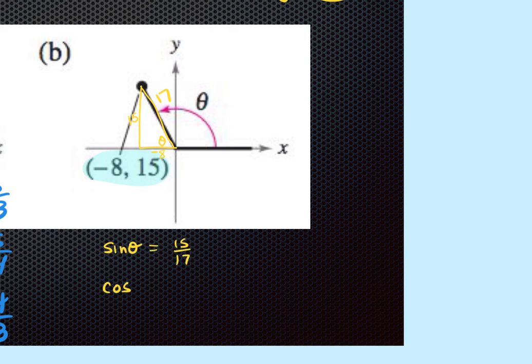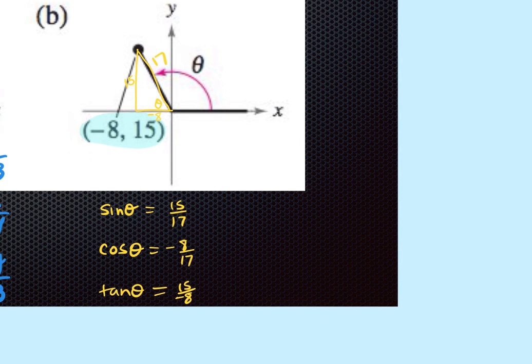The cosine is -8 over 17. The tangent is 15 over -8. That negative can go out front, in the bottom, or with the top, it doesn't matter. And then we flip them to get the reciprocals. 17 over 15, -17 over 8, -8 over 15.